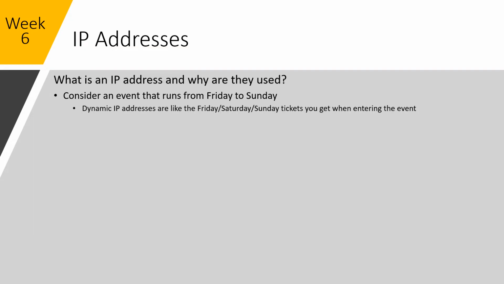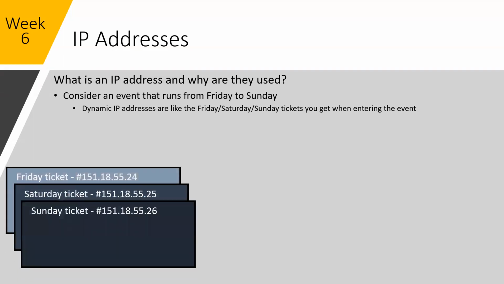Dynamic IP addresses are like the Friday, Saturday, and Sunday tickets you get entering the event. The tickets have different IP addresses, so they're different tickets. Each day you would be assigned a different IP address, a different ticket.